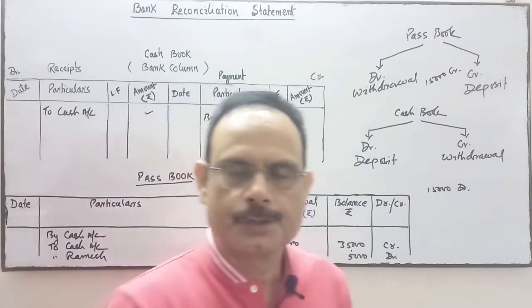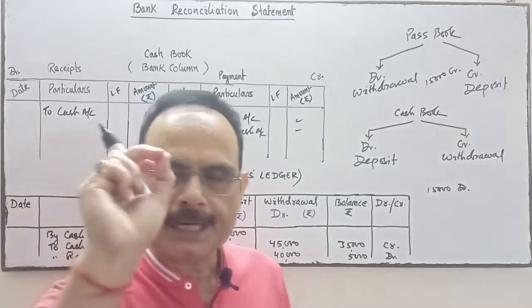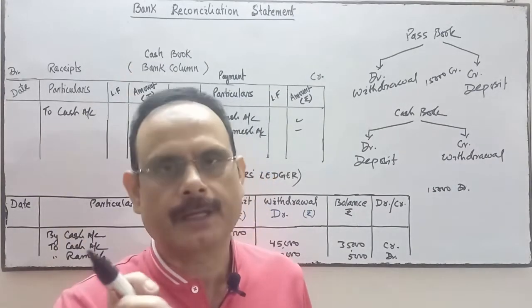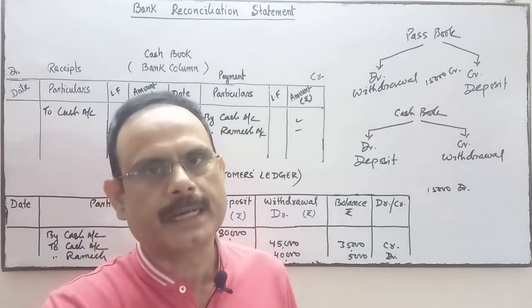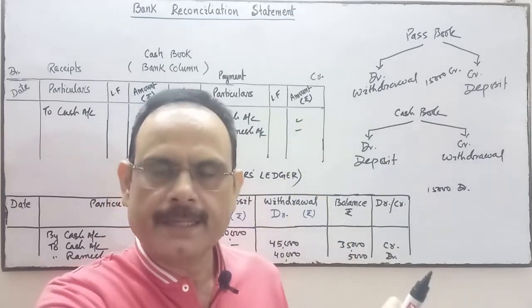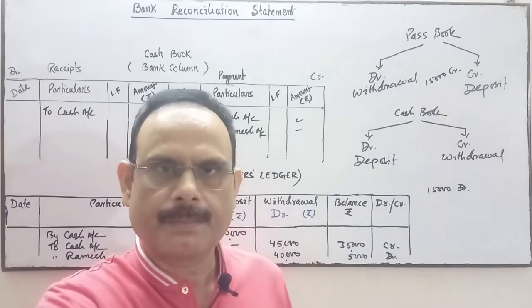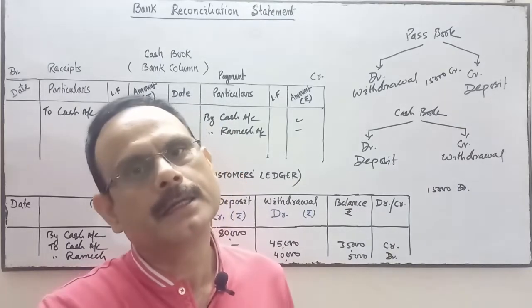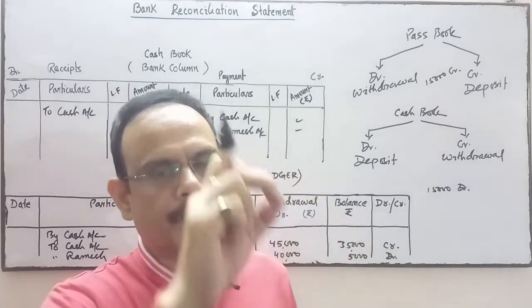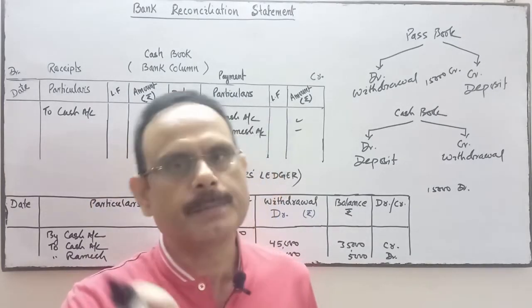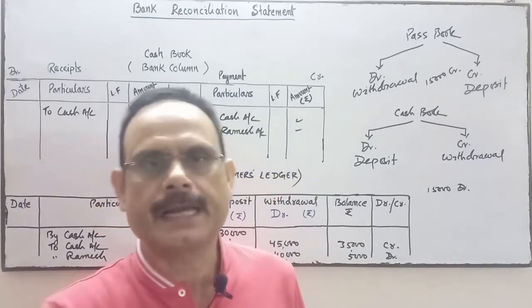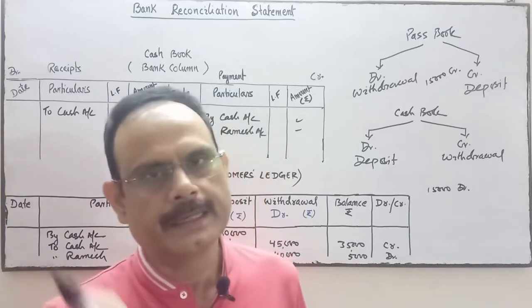So whatever entry we record on the debit side of the bank column of the cash book by our accountant, the same entry is recorded by the bank in the customer's ledger on the credit side. And whatever entry we record on the credit side of the cash book, the same is recorded by the bank on the debit side of the customer's ledger.